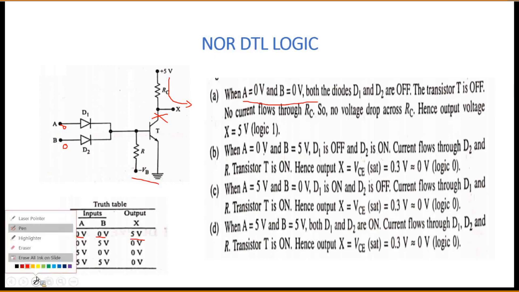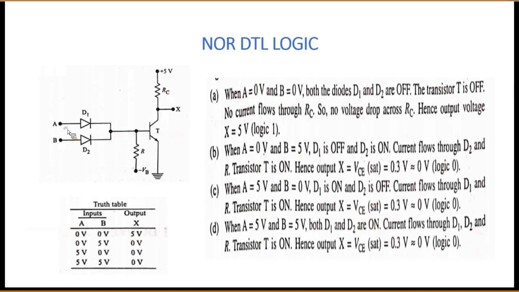Now if you take the second case, 0 and 1, then what happens? The diode D2 is forward biased because the anode is given 5 volts and the cathode is given minus VB. D2 positive, N2 negative, so it is forward biased. D2 is forward biased and D1 is reverse biased.